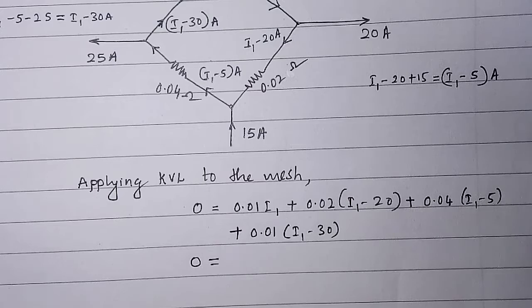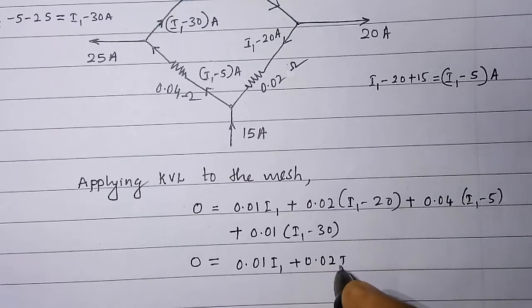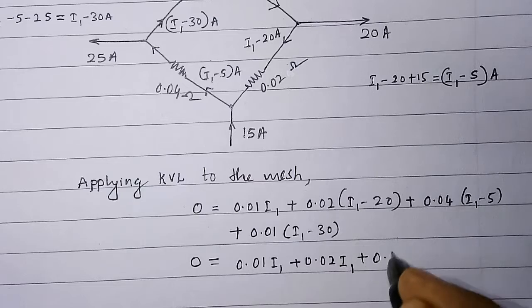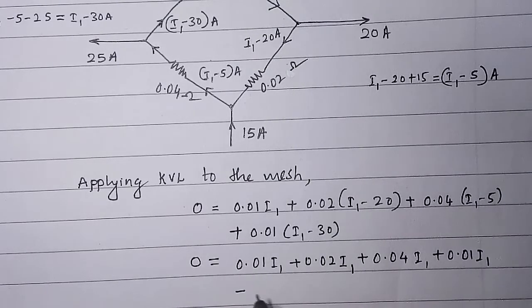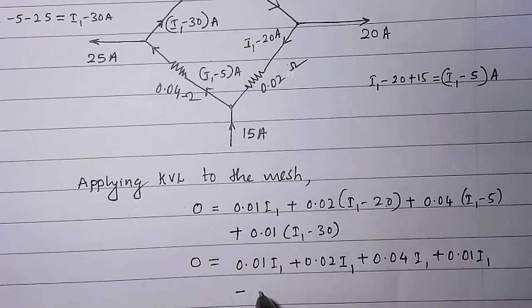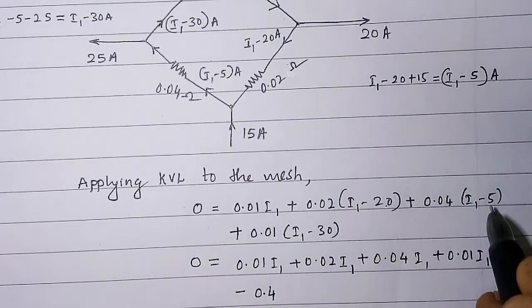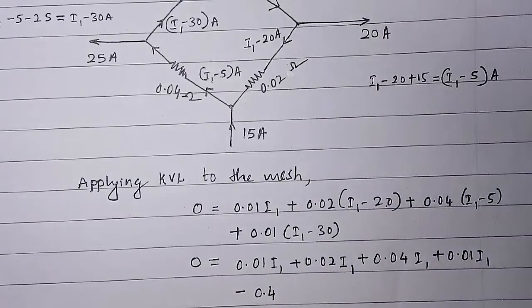Simplifying this, we get 0.01 I1 plus 0.02 I1 plus 0.04 I1 plus 0.01 I1, minus 20 into 0.02, that is 0.4, 0.04 into minus 5, that is minus 0.2, 0.01 into minus 30, that will be minus 0.3.